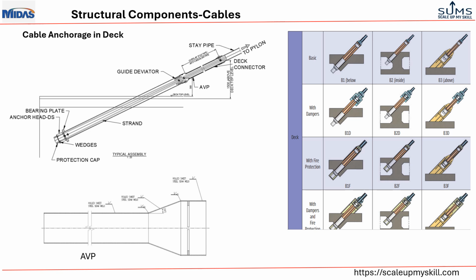This slide presents the different anchorage arrangements of cables in the deck. So the cable in the deck looks like this. You see here, in this portion, this is the bearing plate, and there is an anchor head, and the deck stressing beam or deck diaphragm where it is supported will be somewhere here, and it also has a guide deviator at this location and a VP pipe, which is an anti-vandalism pipe, installed at this location.